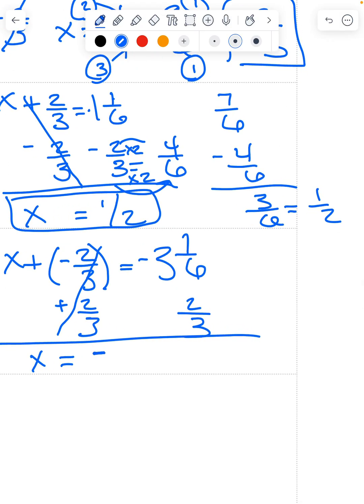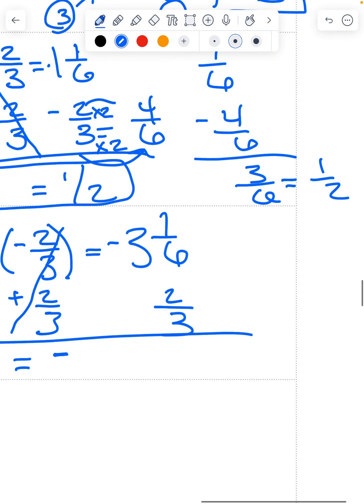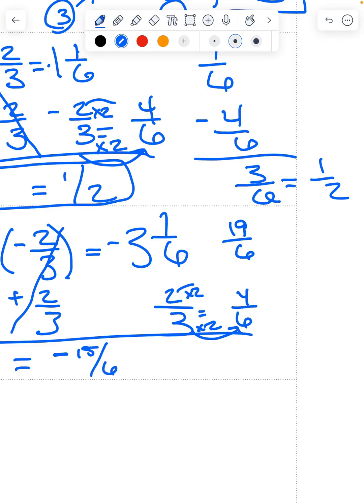Find the difference. There's more negatives. I'm going to go ahead and throw my negative down there in my answer so I don't forget. 6 times 3 is 18 plus 1 is 19/6. And if I change 2/3 into sixths, I'm going to multiply by 2. So that becomes 4/6. Okay. 19/6 minus 4/6, the difference would be 15/6.